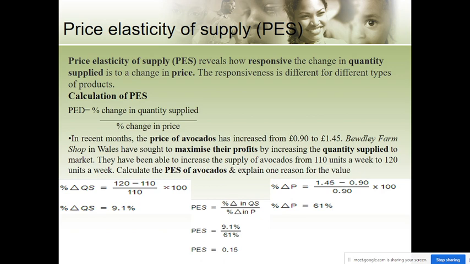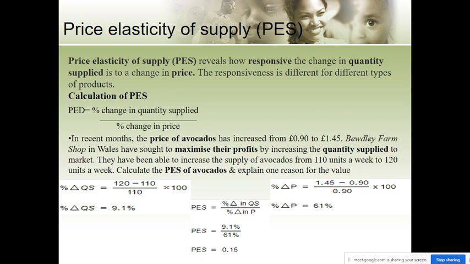Now first, you have to mention the quantity supplied, that was 120, and initially it was 110. What was our original quantity? That is 110. You multiply by 100 and you get 9.1%.